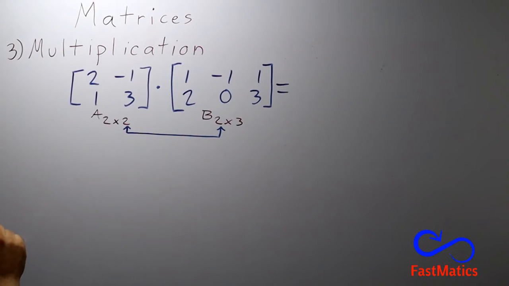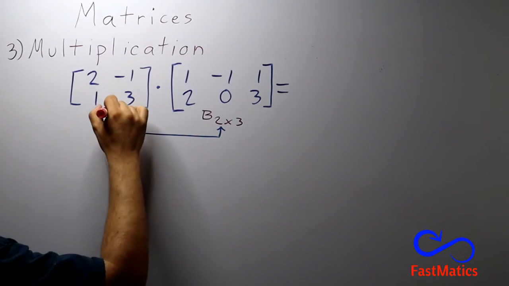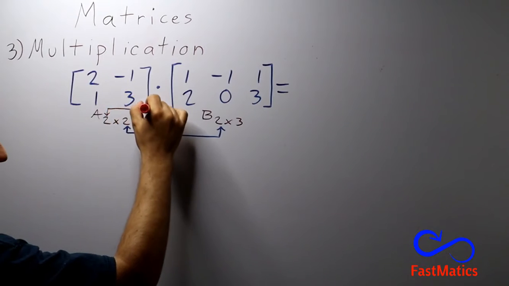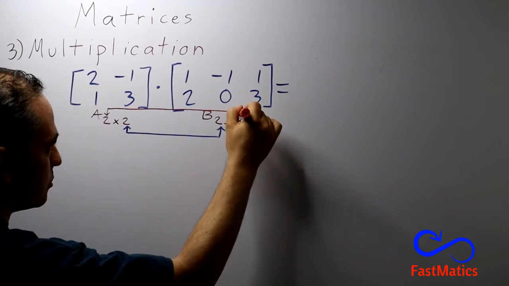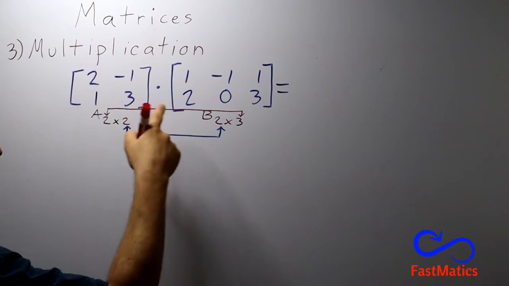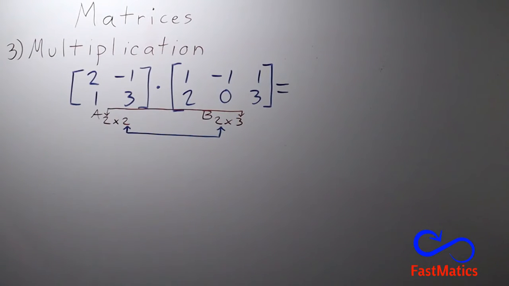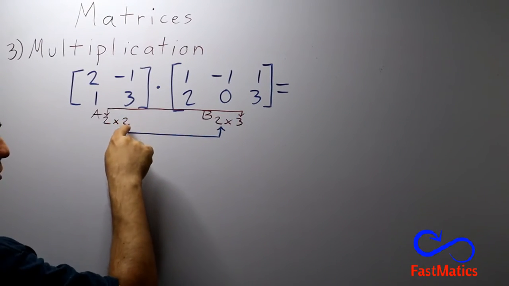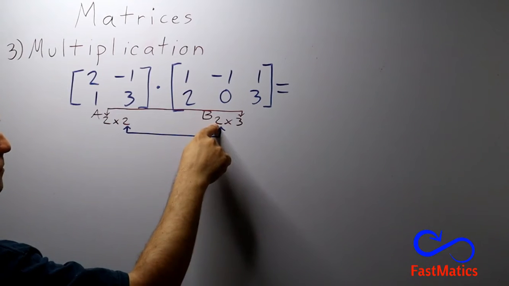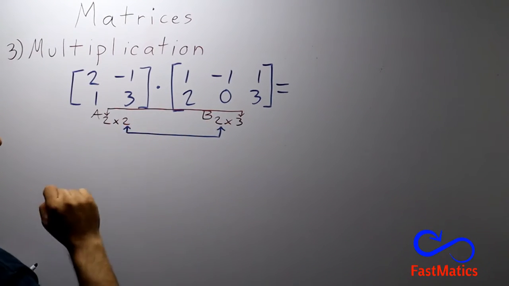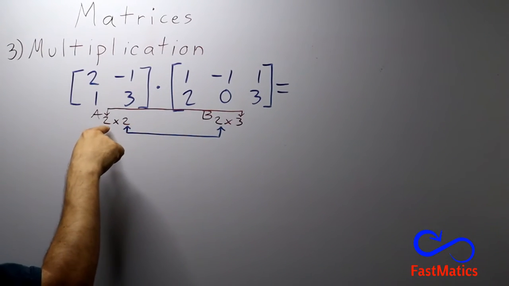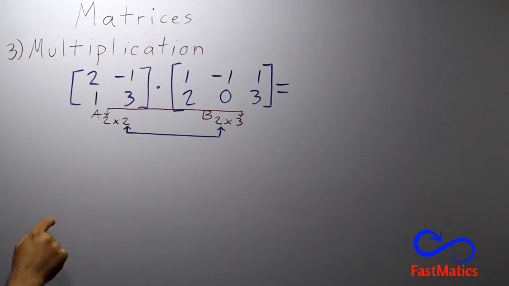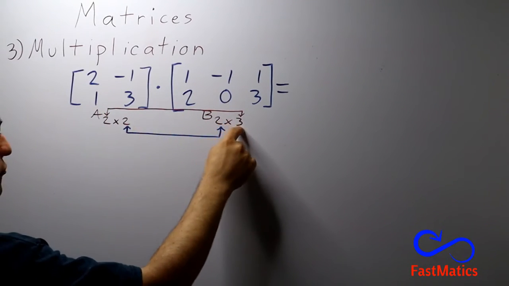And the answer will have this size: this number by this number, 2 rows by 3 columns. It is very important to see first if this number is the same here and here, and after that to see what's the size of the answer. 2 rows and 3 columns.